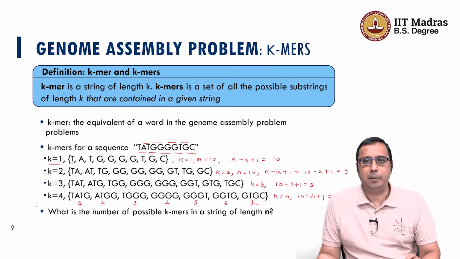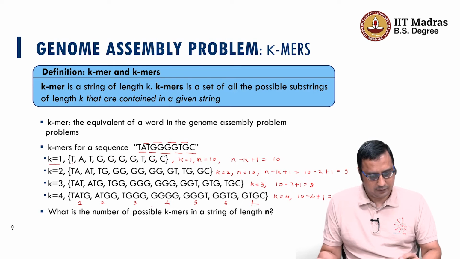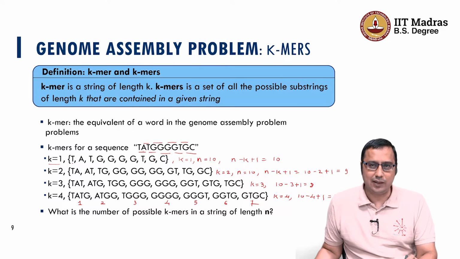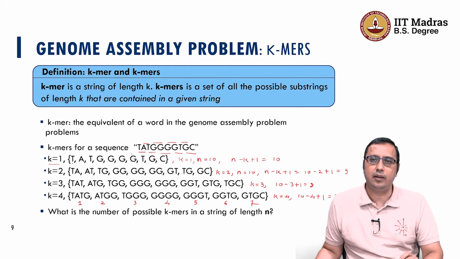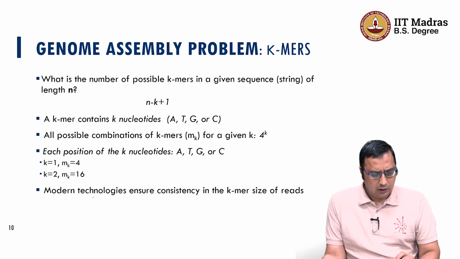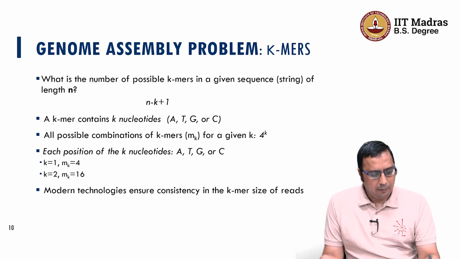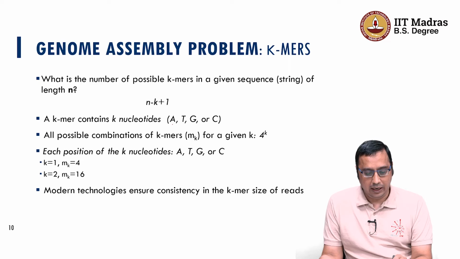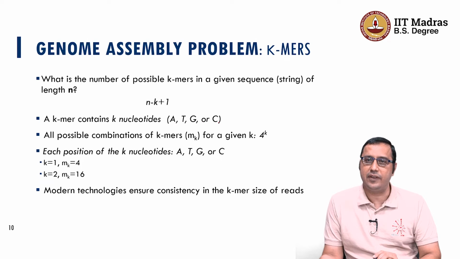So this is the interesting part about k-mers: if we know the sequence length, we know how many k-mers we get of different sizes. Typically, k-mers contain nucleotides. That's why we have either A, T, G or C in the sequence, which we discussed in the previous slide.